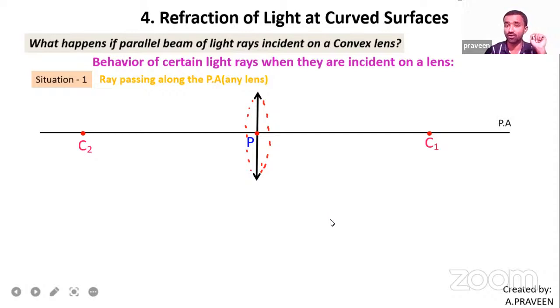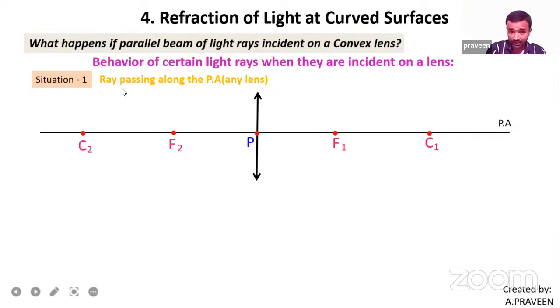Then identify the focal points, f1 and f2, exactly in the middle between the pole and the centers. They are given as f1 and f2. These are required in any ray diagram for a double convex lens or a double concave lens. First of all, you have to draw the centers of curvature, focal points, principal axis, symbol of the lens, and optic center, as you see on the screen.